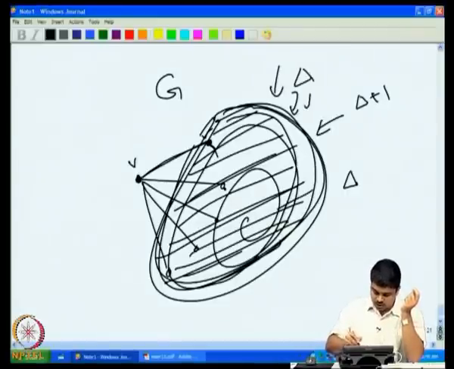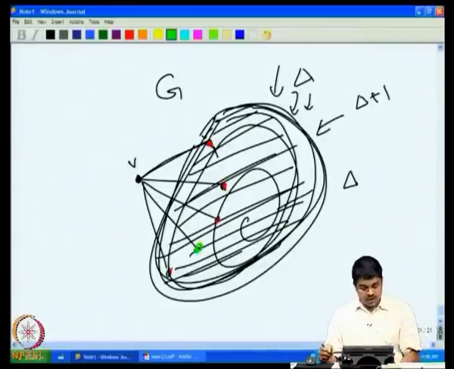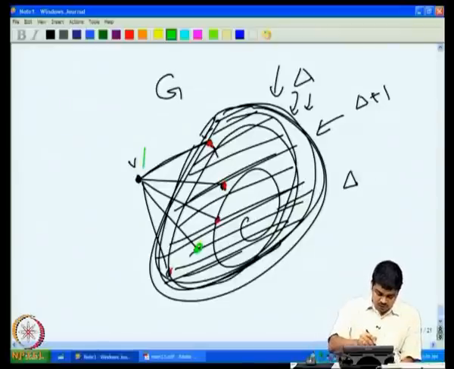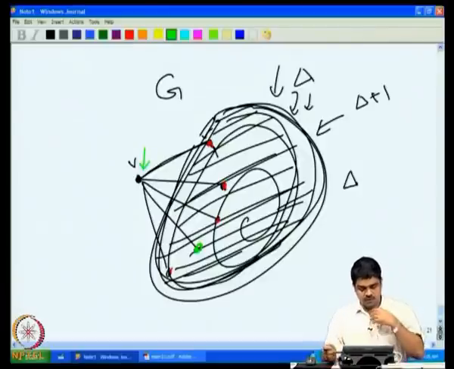Now we look at the colors on the neighbors, and if the colors are all distinct, then only we have a problem, because if any color is repeating, then there are only delta neighbors. If one color is missing, at most delta minus 1 colors are used on the neighbors. So we can use the deltath color for V, right. So therefore we can use the deltath color for V.